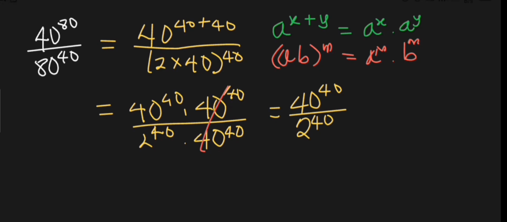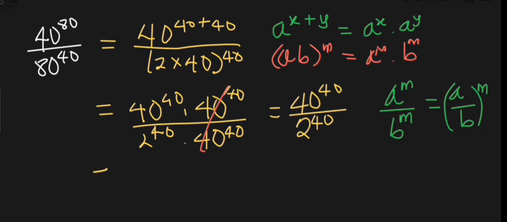where another exponential law is applied. And this law is when we have quotients, when we have a to the power of m over b to the power of m. The same exponent means that this is expressed as a over b, everything to the power of m.